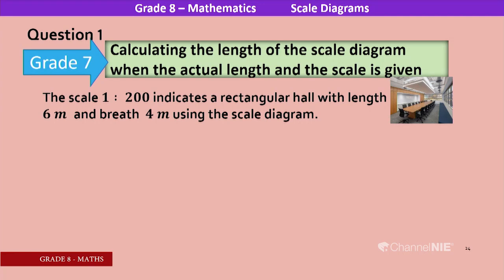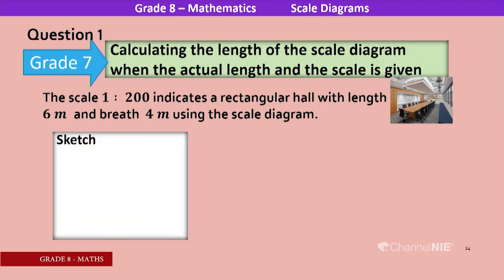We want to find out the length of the scale diagram. We will see. The scale 1 is to 200 indicates a rectangular hole with length 6 meters and breadth 4 meters. Using the scale diagram, sketch. This is a sketch.